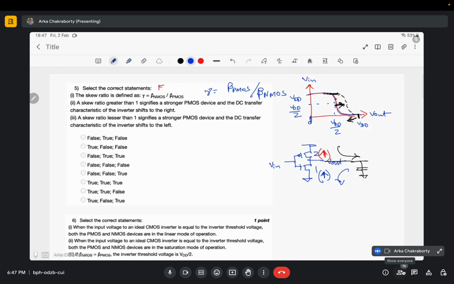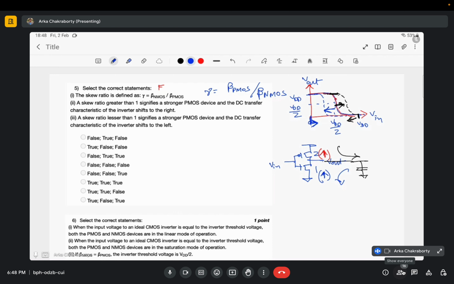If I start from this point and keep on increasing my input, sorry, I have written it opposite. If the strength of NMOS is increased, it will reduce the output voltage to 0 volt at a much earlier stage. So increasing the strength of PMOS shifts the curve to the right hand side, and increasing the strength of the NMOS shifts the VTC, voltage transfer characteristic, to the left hand side.